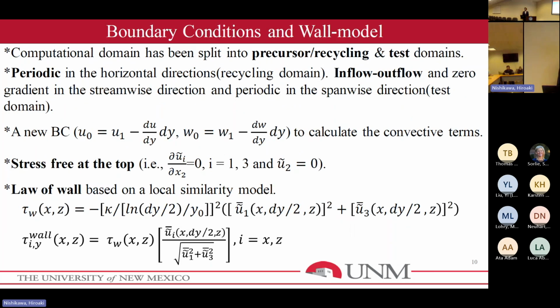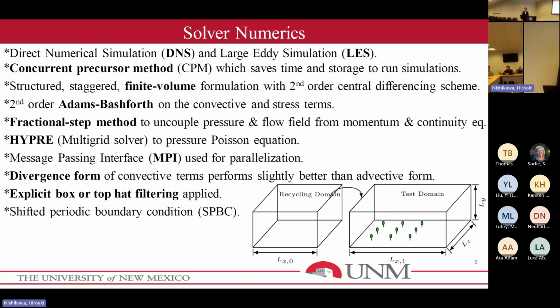When you say structured, you essentially mean Cartesian, right? So for geometry representation, do you use some cut cell method, where the blade intersects the Cartesian grid? It's a staggered Cartesian grid.